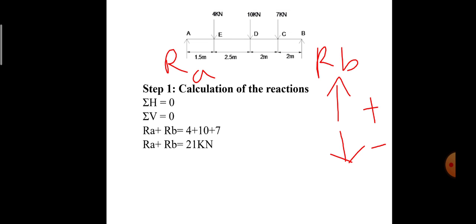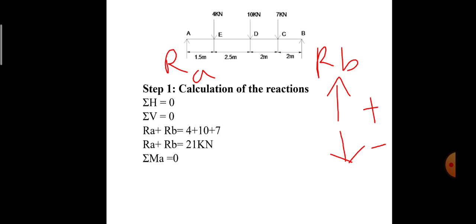RA and RB are the two forces going in the upward direction, so I take the summation of all the upward forces as equal to the downward forces. There are three downward forces, that is 4, 10 and 7 kilonewton. Therefore, RA plus RB is equal to 4 plus 10 plus 7. If I add that up, I get RA plus RB as 21 kilonewton.